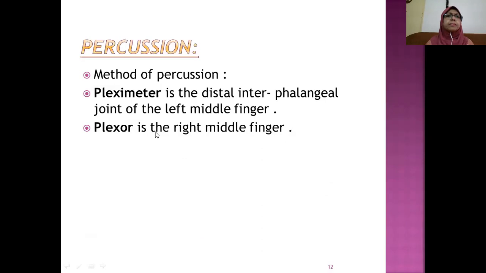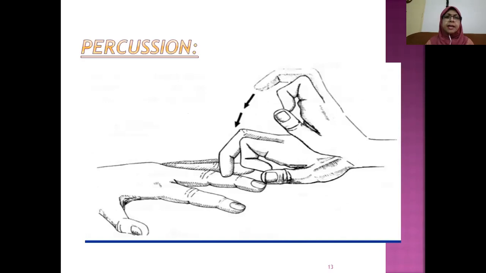The distal interphalangeal joint of the left middle finger is the pleximeter, and the plexor is your right middle finger. During percussion, you have to move your wrist joint, nothing else.